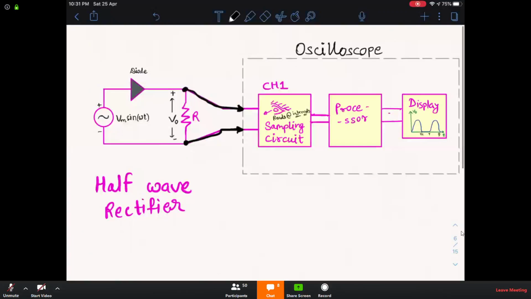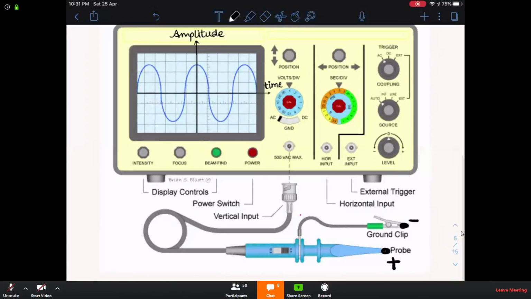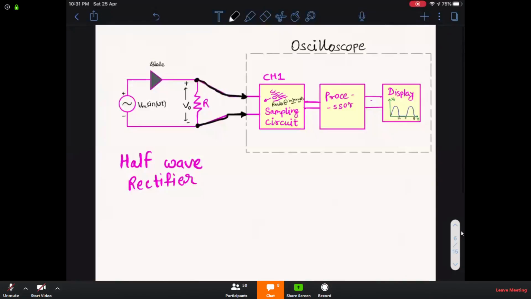How does the probe look like? Like this. Here we are connecting the circuit. This we are connecting to the negative terminal, and this we are connecting to the positive terminal. So this probe we are connecting to the oscilloscope. So this is connected via probe.